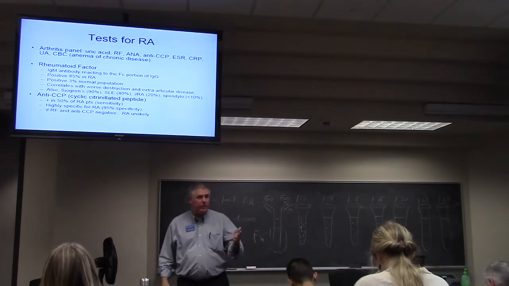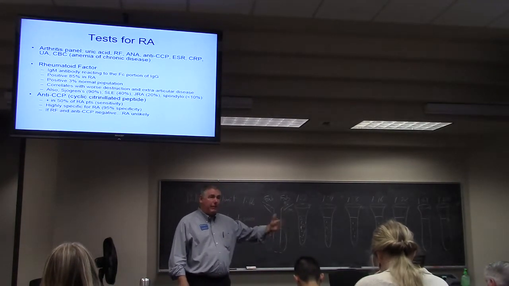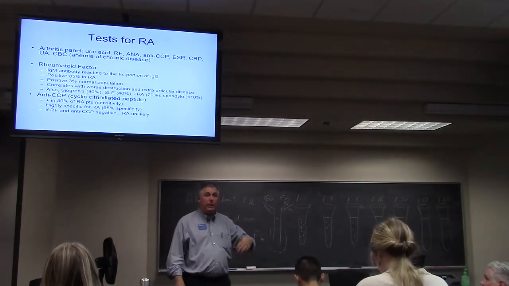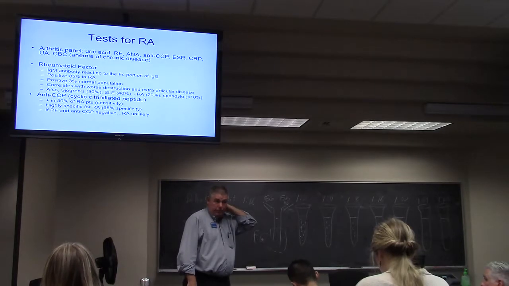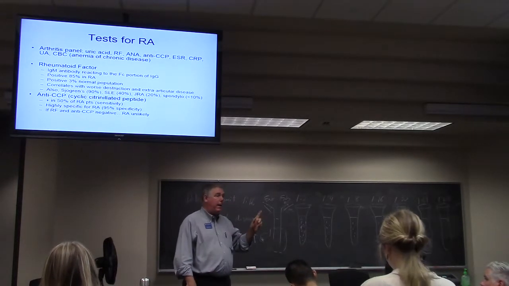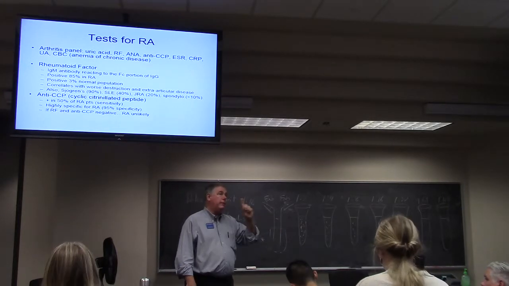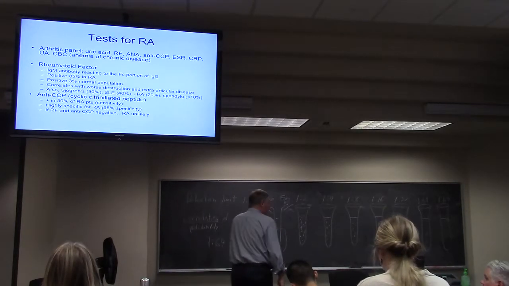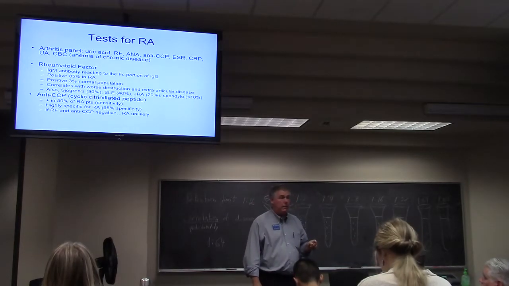Specificity, you know the difference between sensitivity and specificity, I hope by now. If you have the disease, it's going to be positive. If you don't have the disease, it will be negative, essentially, as a specificity, right? So if you have a negative RF, and because of the specificity, a negative anti-CCP, you don't have RA.